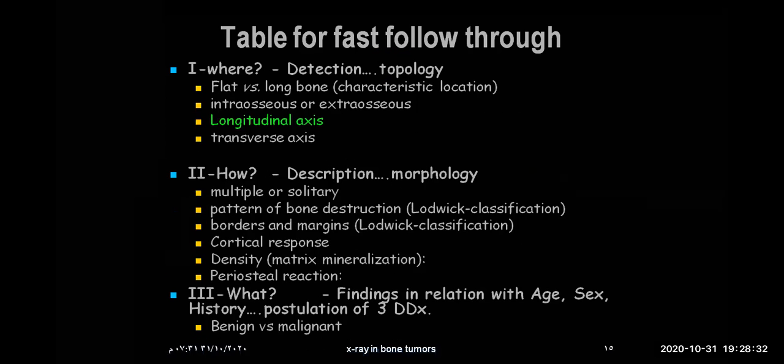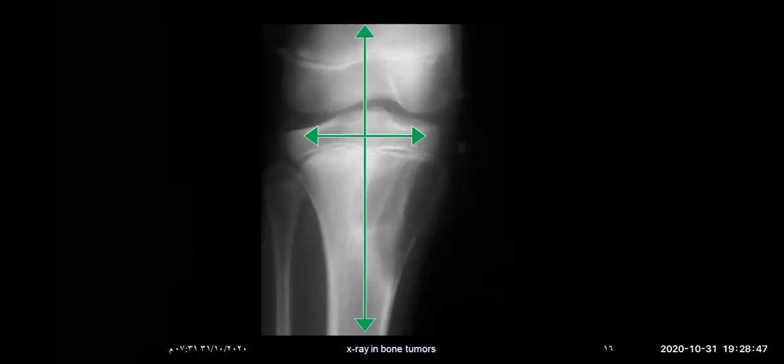Now the most important thing are the axes. Remember, the longitudinal axis and the transverse axis. You will see the longitudinal axis in this way. Simply, is it epiphyseal, metaphyseal or diaphyseal?